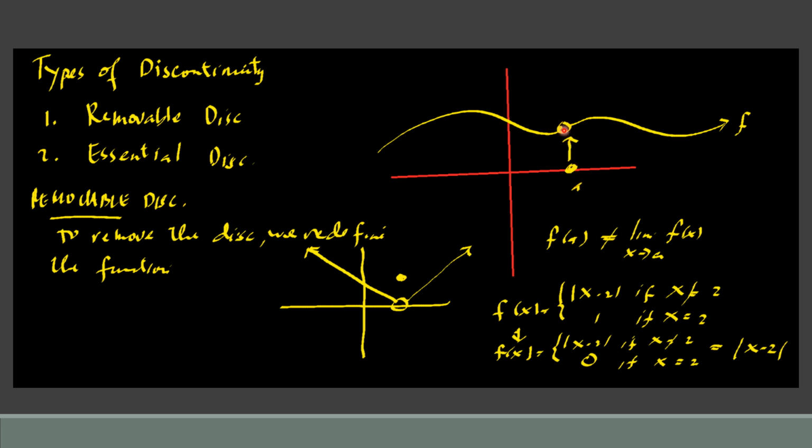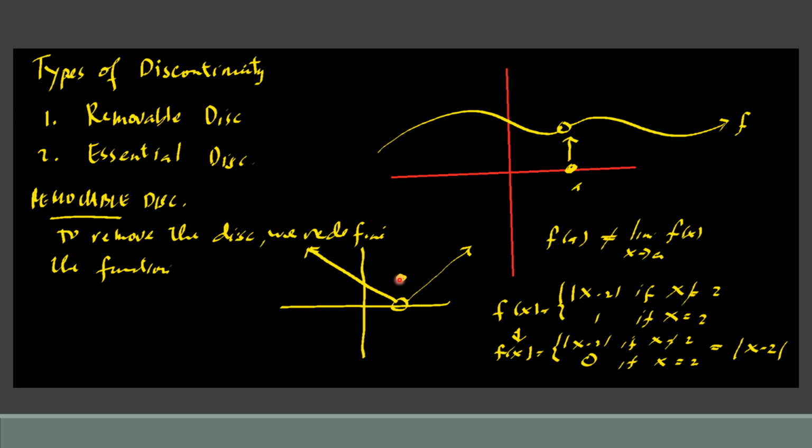The other example here is the function f defined by the absolute value of x minus 2 if x is not equal to 2 and 1 if x equals 2. So the right-hand and the left-hand limit both exist and equal 0, but the function value is 1. When x is 2, f of 2 is 1.